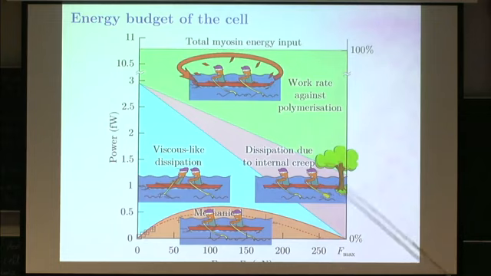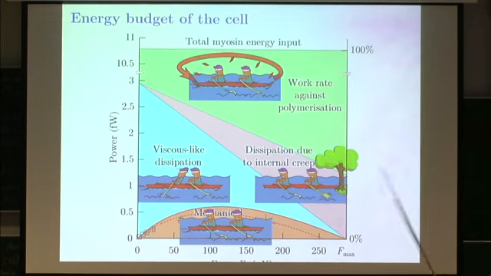And according to the calculations, that's actually the largest part of energy that goes into maintaining this retrograde flow of this fluid material. So this would look like it's very inefficient. You see it's a broken scale here. So a lot of energy goes into maintaining this retrograde flow that serves nothing, seemingly.